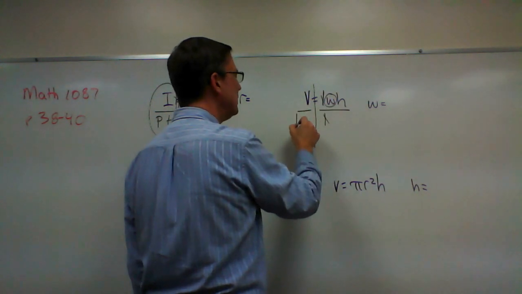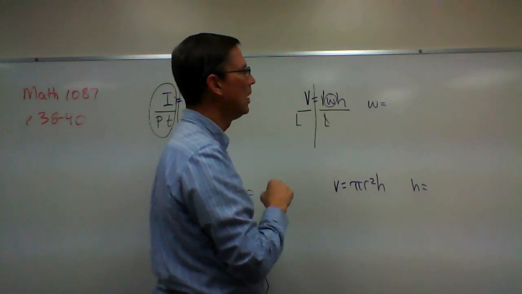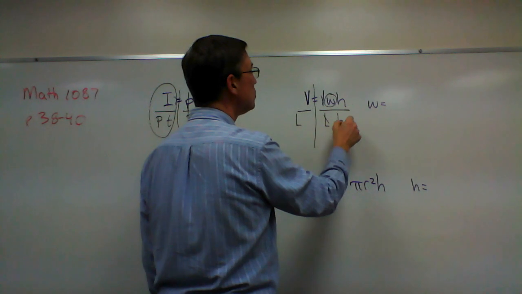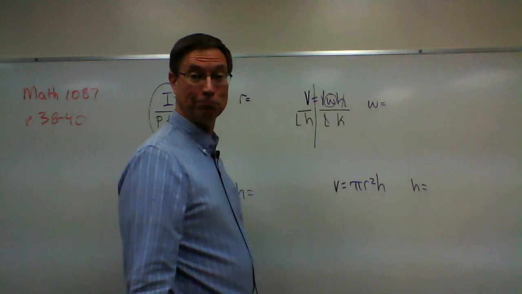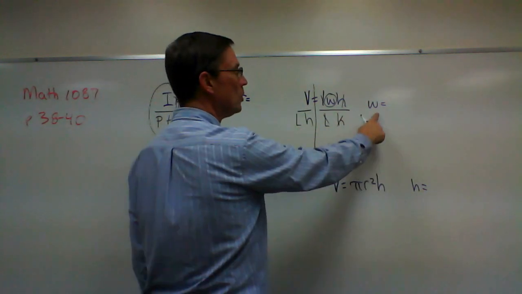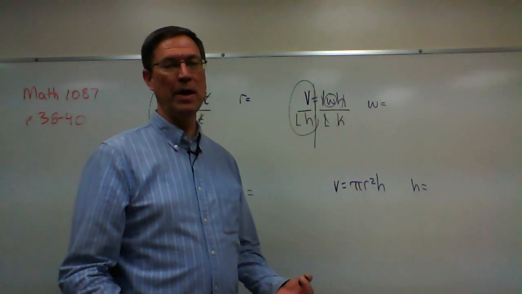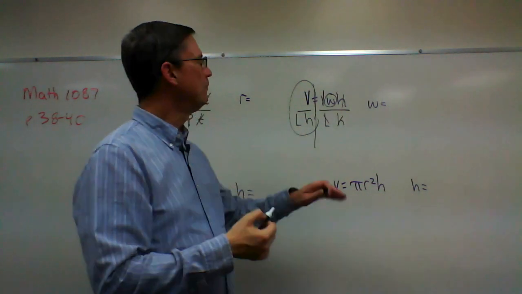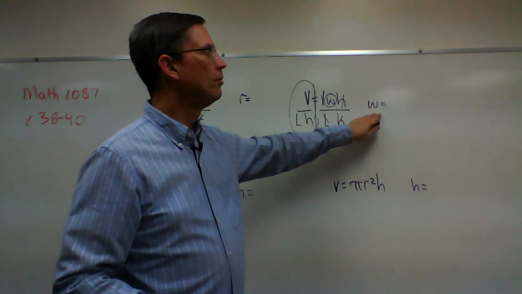So I'm going to divide this side by the length. I like to make it look like an L, all right? Divide by h to get h to cancel. Divide this side by h. Okay, pretty easy. So this actually is your answer right here. We just use the same letters, rearrange them in order to, instead of solving for V, solve for W.